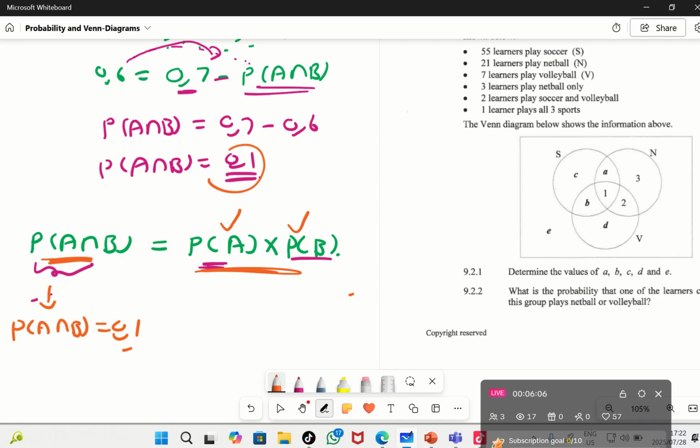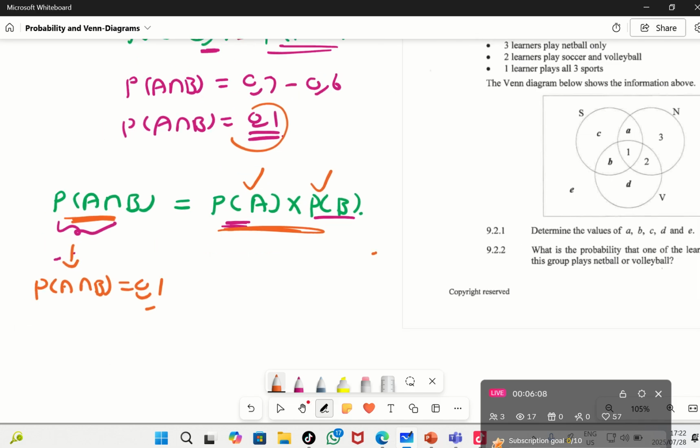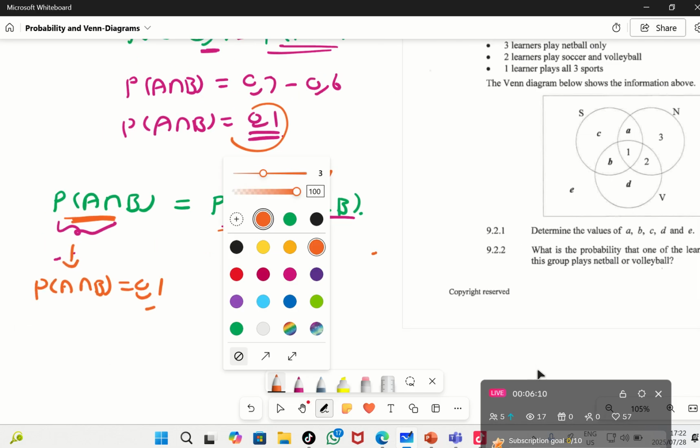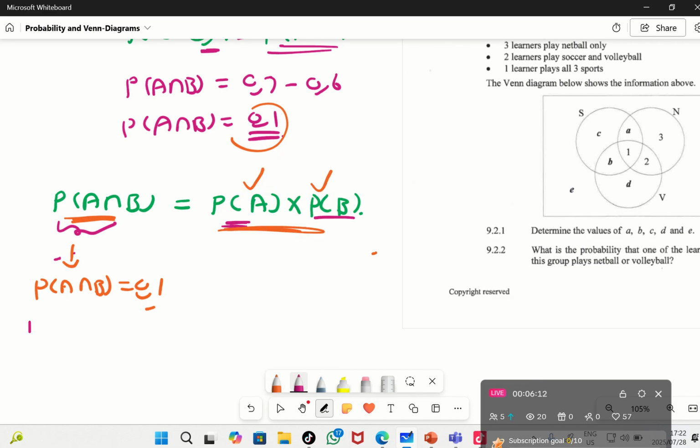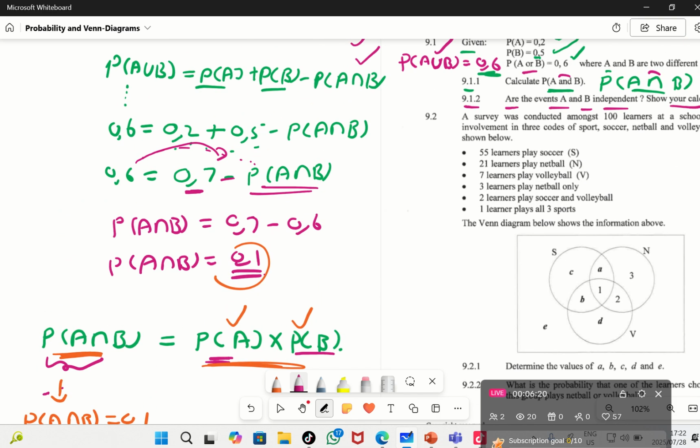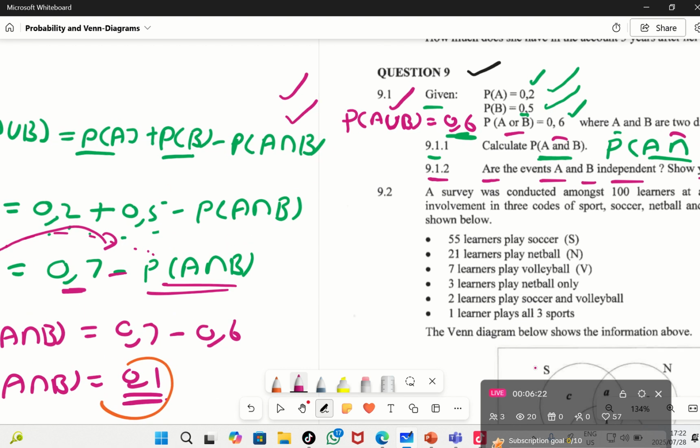All right, everybody's happy. Let's go ahead and find the probability of A times the probability of B, equal to, we are given that the probability of A is 0.2 while the probability of B is 0.5.